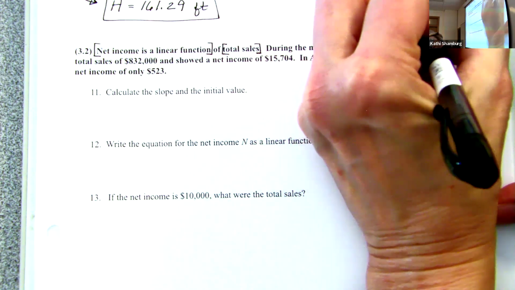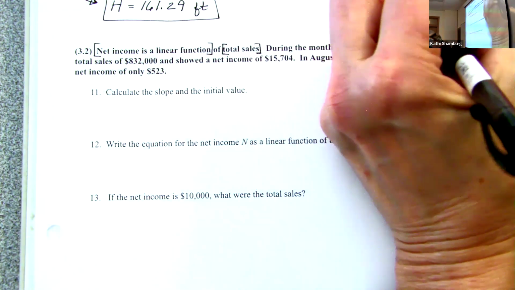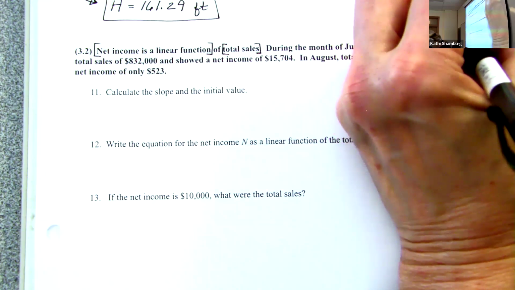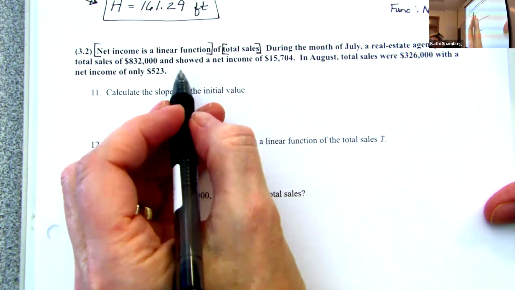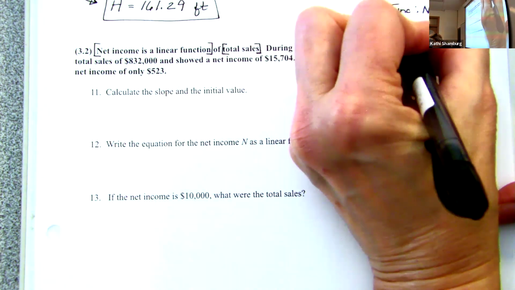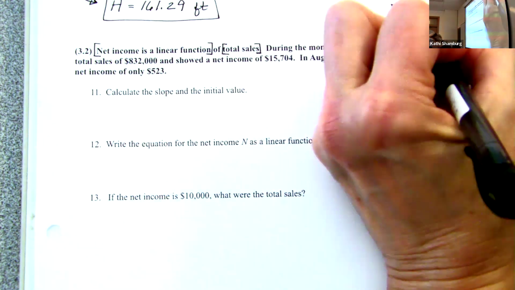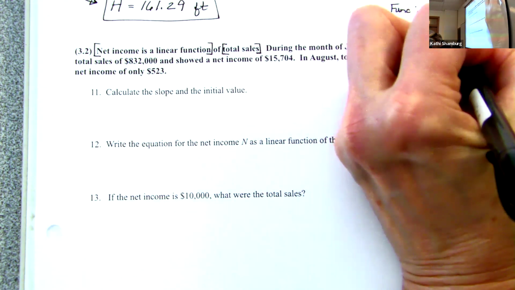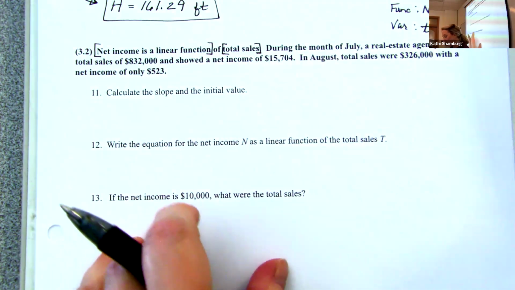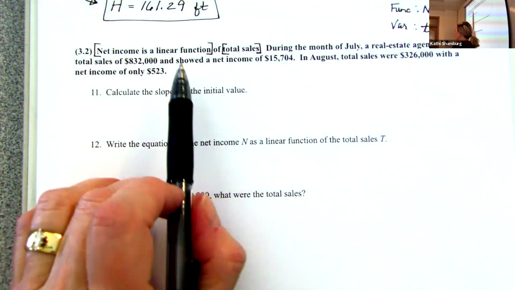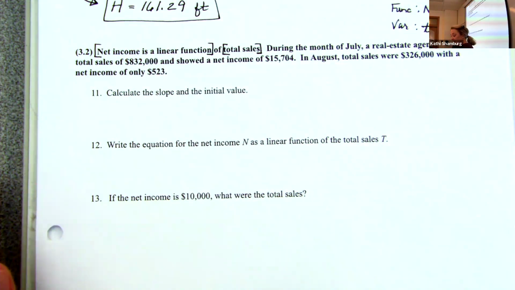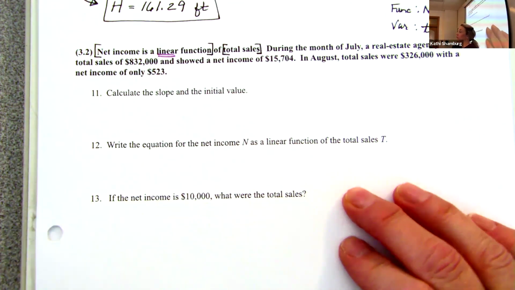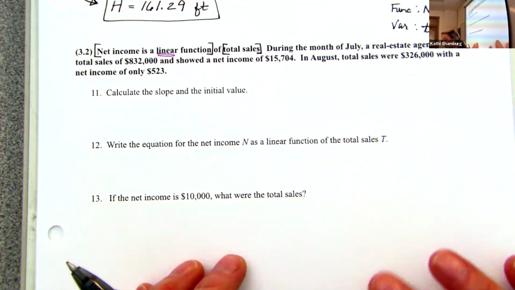My function, net income, I'm going to call it N. And then my variable, total sales, I'm going to do lowercase t, and that'll be total sales. Now, linear is important here, so pay attention to the fact that it's saying it's linear, because that'll come into play with some of the work that we have to do.